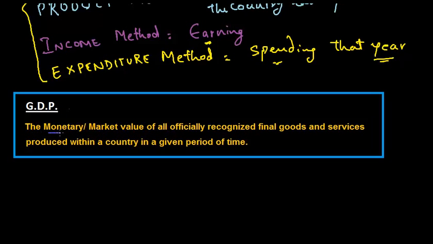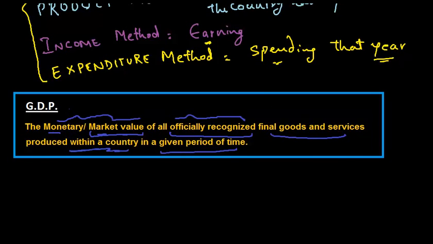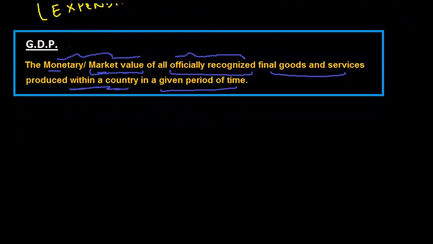It is the monetary or the market value of all officially recognized final goods and services, as in the case of Arjun, the toys, produced within a country in a given time period. Now let's see what this means elaborately.